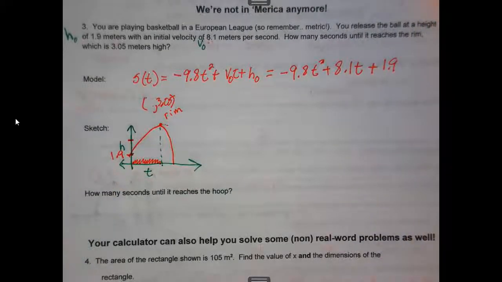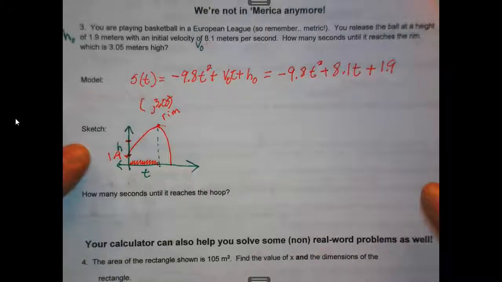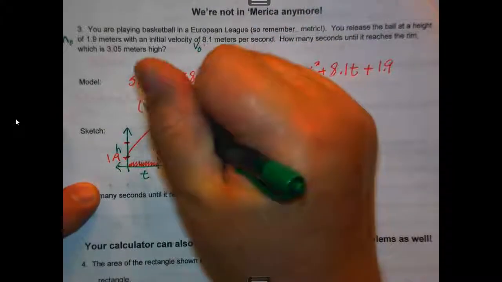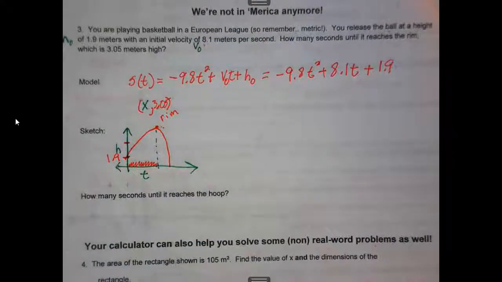It's probably a really tall guy that's shooting it, right? So there's my equation. I need the x. Looks like the x. I need this x here, right? This x or t. Any ideas?